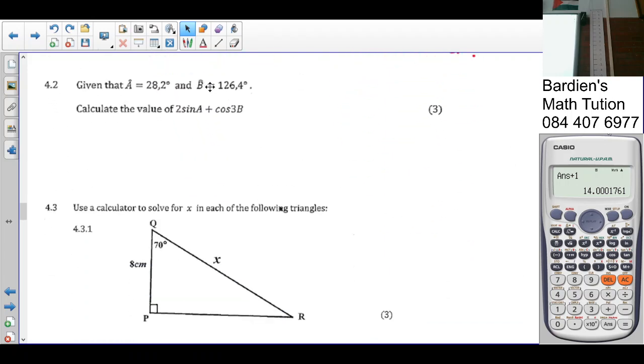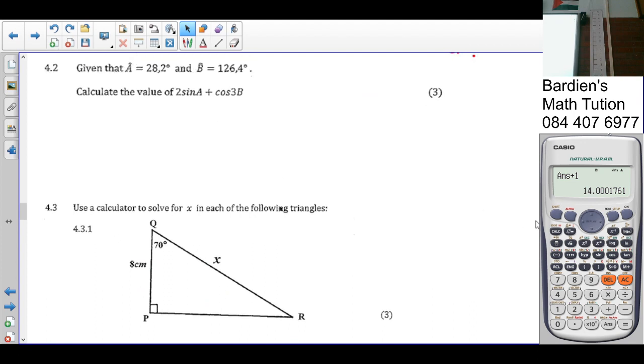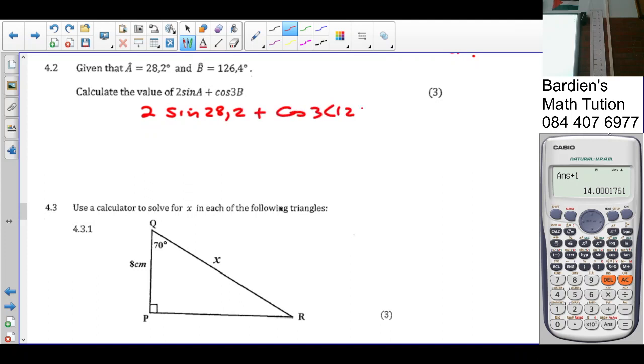We're going to 4.2. The question says if A is equal to 28.2 and B is 126.4, calculate the value of 2 sine A plus cos 3B. So wherever I see an A, I put 28.2, plus cos 3 times B, which is 126.4.